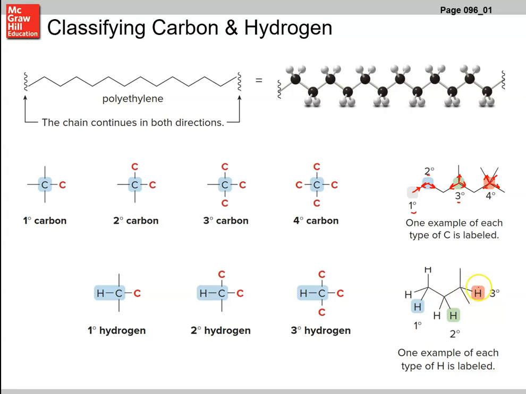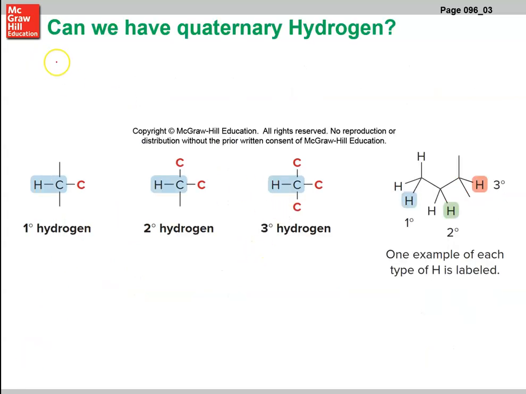It's attached to 3 carbons, so that's a tertiary hydrogen. And so we have primary, secondary, and tertiary hydrogens on those different carbons that are defined by the carbons they're attached to. So can we have quaternary hydrogens? Answer this question. I just mentioned it. If you didn't get that, go back, recognize why, and then we'll bring this answer to class.